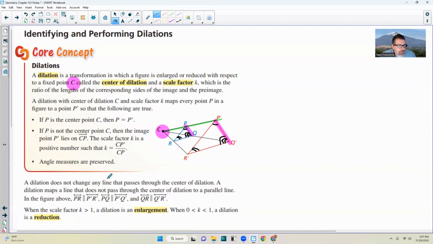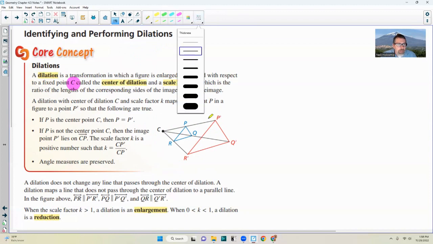A dilation does not change any line that passes through the center of dilation. A dilation maps a line that does not pass through the center of dilation to a parallel line. In the figure above, line PR, so let me erase all this stuff. Okay, line PR. Now let's go back to my highlighter and let's use blue and make it thinner.